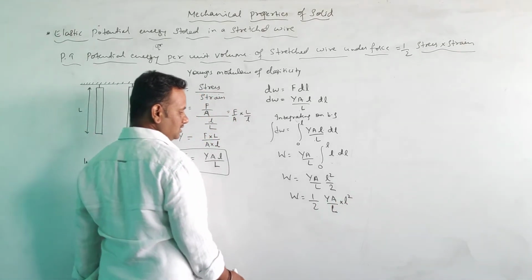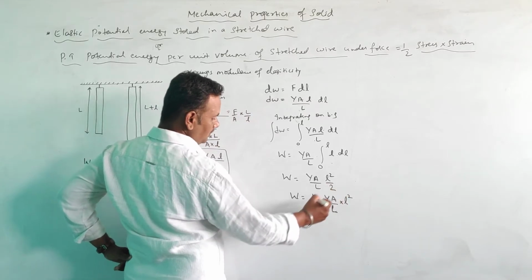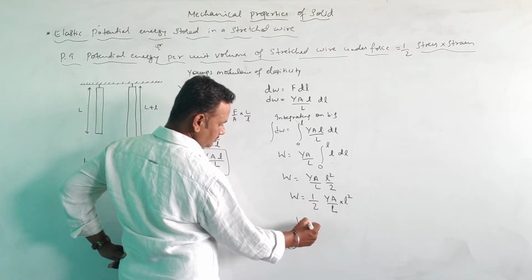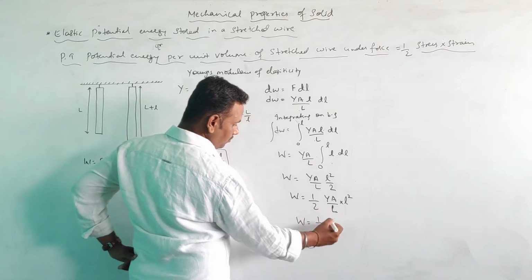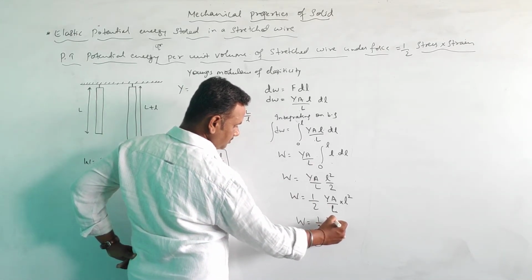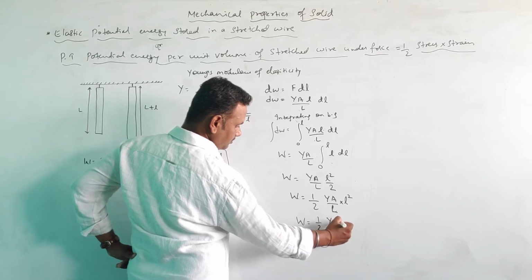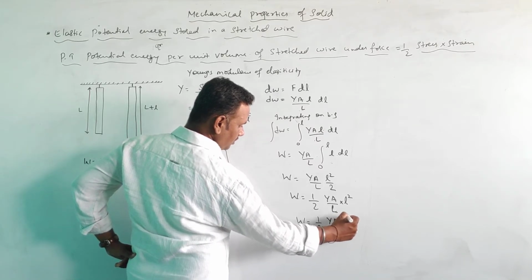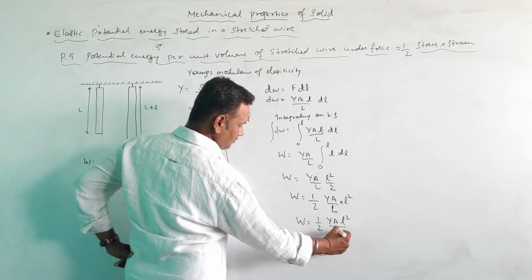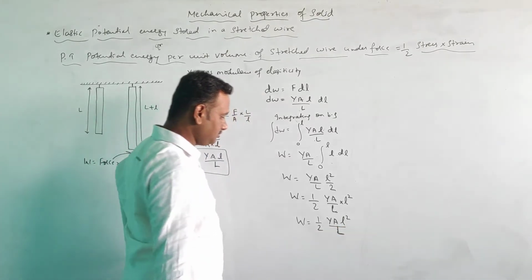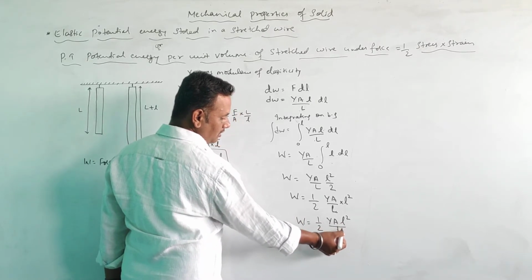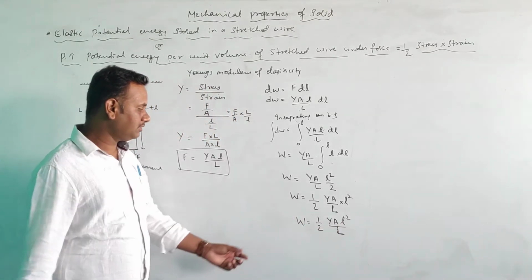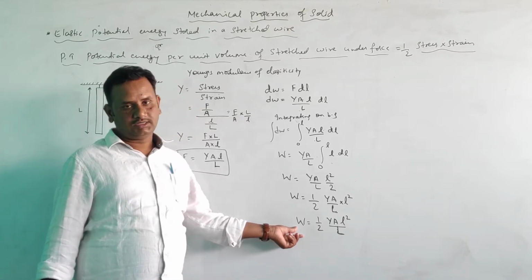So I can also write this as W is equal to half Y A l square divided by L. This is our total work done here.